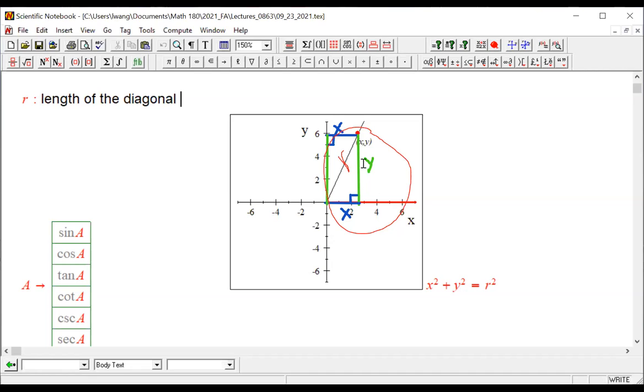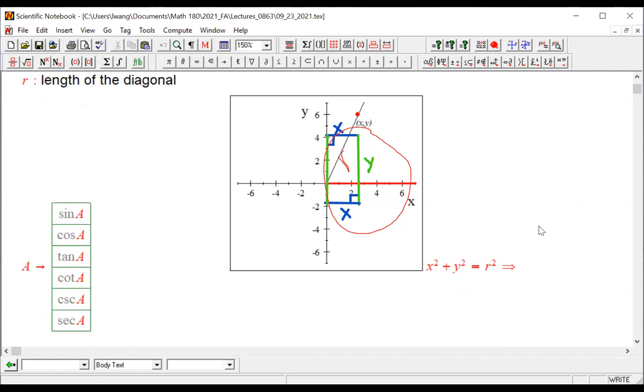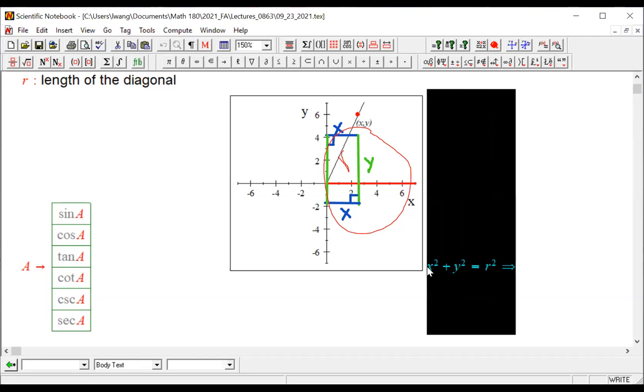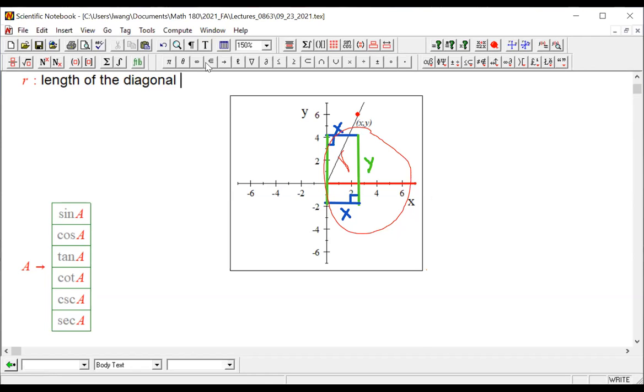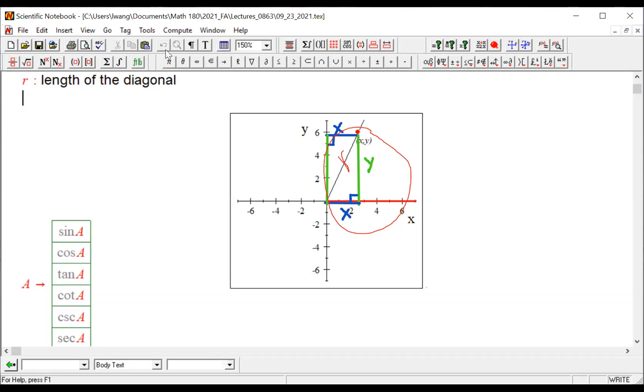So x squared plus y squared is r squared, from which if we take the square root on both sides, okay, but this keeps shifting. Hold on. I'm going to put it here.